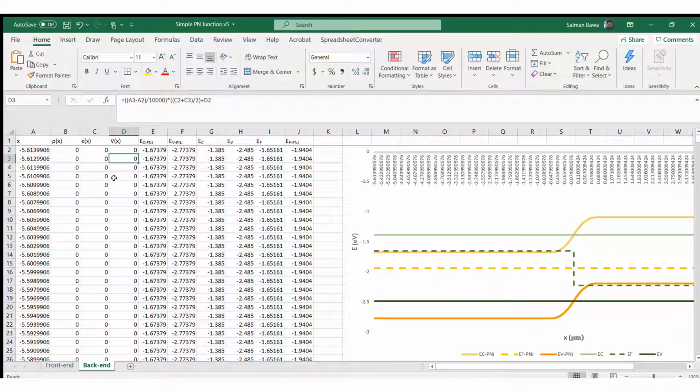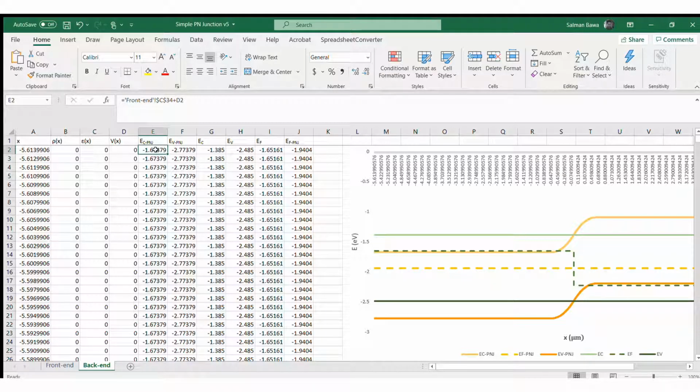And from here on, it is simply a matter of first pinning the Fermi level of the heterojunction at an average level of the Fermi level on the left-hand side and the Fermi level on the right-hand side. And then to calculate E sub c of the PN junction such that the EC minus EF of the left-hand side continues to remain the same as EC minus EF of the PN junction.